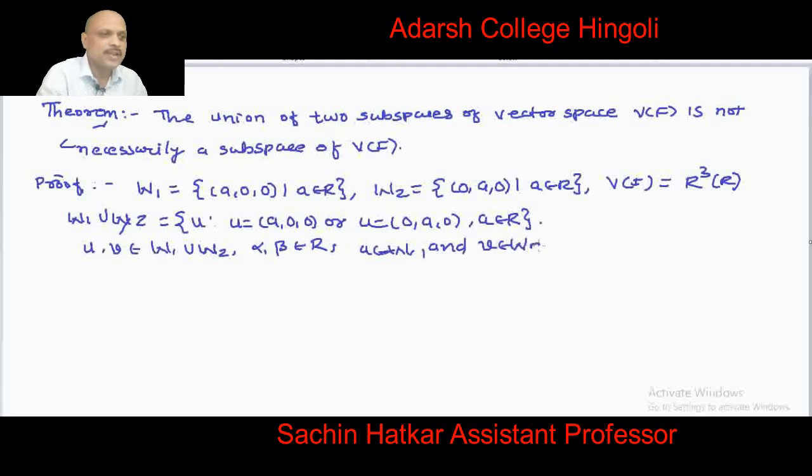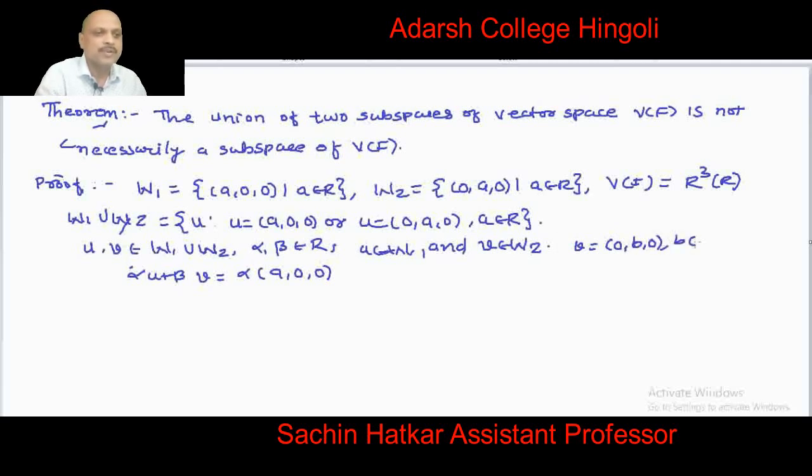Then alpha u plus beta v equals alpha times (a, 0, 0), and we take v as an element of W2, therefore (0, b, 0) where b is a real number.